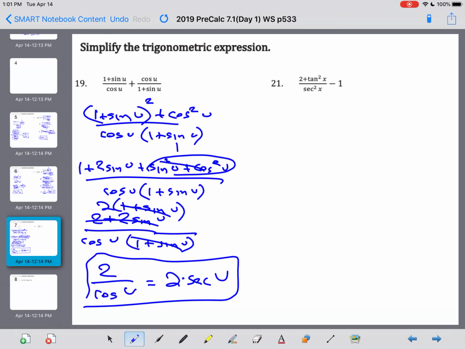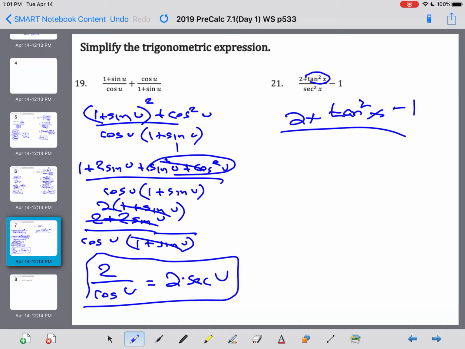Okay. 21, again going back, we have this, so that's going to give me 2 plus tangent squared x minus 1.